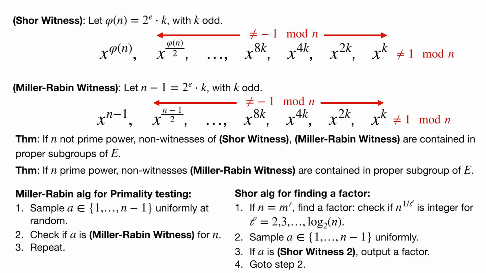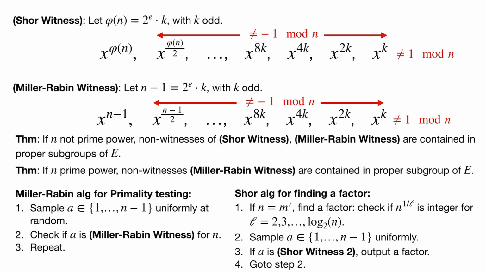And here's Shor's algorithm for factoring. For Shor's algorithm, it's a little more complicated because we have a statement about the witnesses only in the case that n is not a prime power. So we need to eliminate that case first, which is easy to do. We'll first check whether or not n is a perfect power.